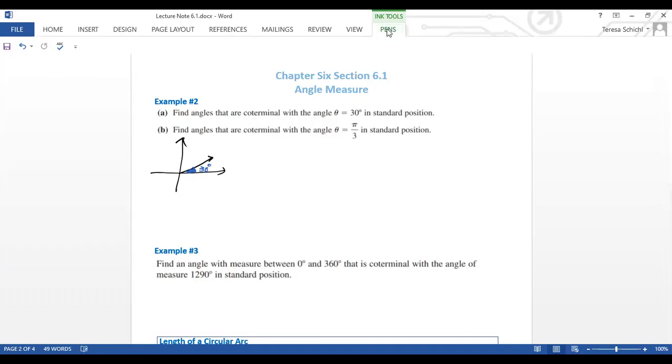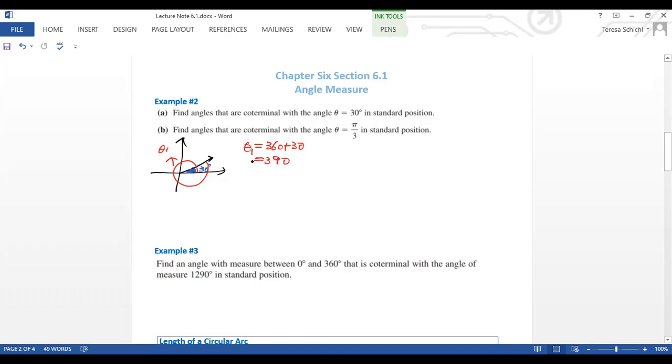What is the first coterminal I can find? Just like we did before, I can go the whole circle and come back here. This is theta 1. For this situation the coterminal is 360 plus 30, so it's 390.